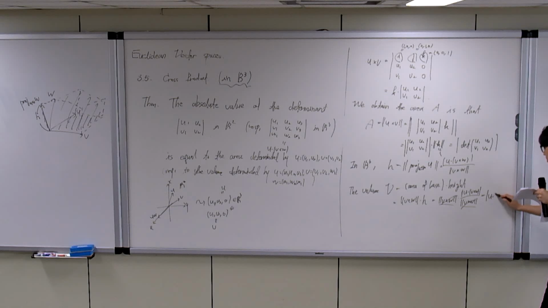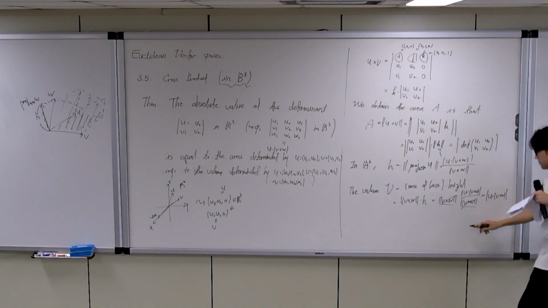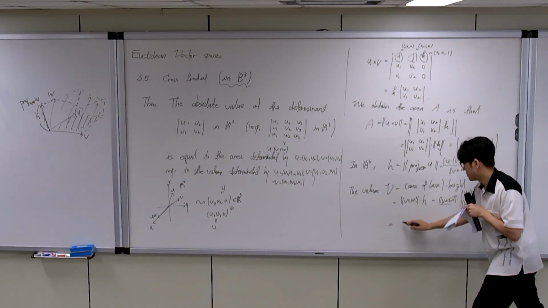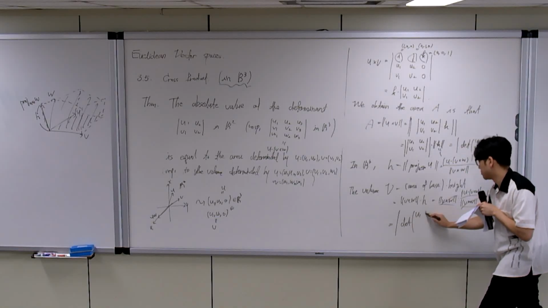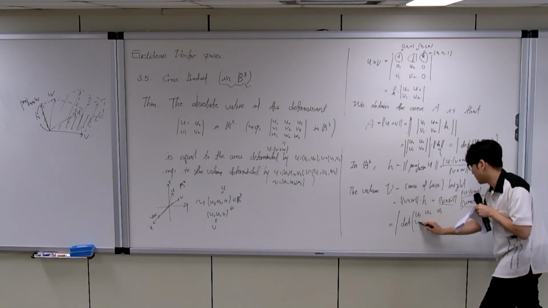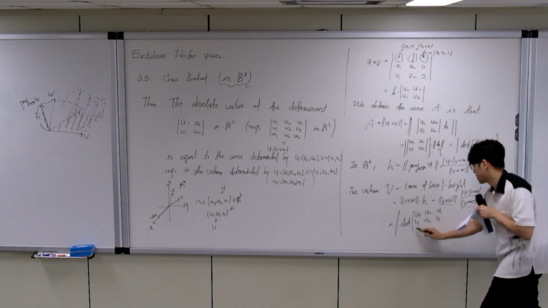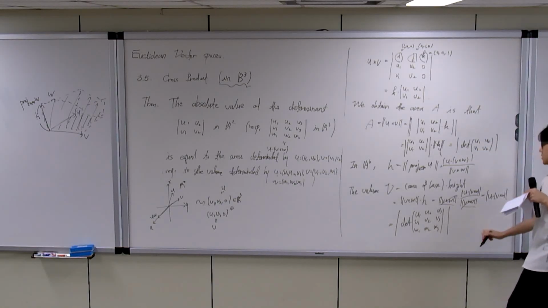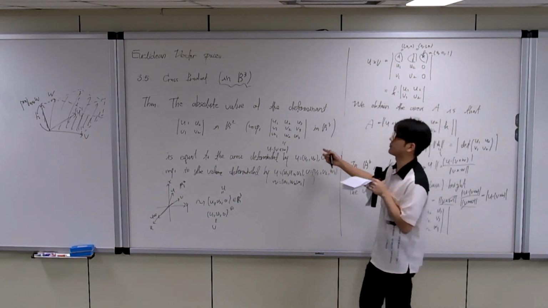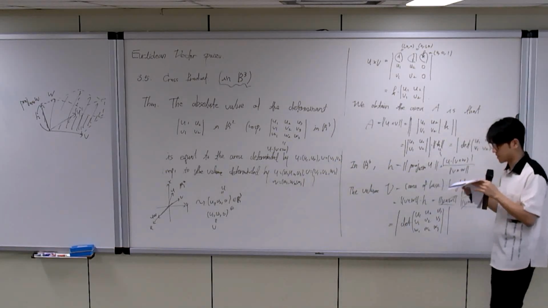So it gives the absolute value of the triple product, and that is the same as the absolute value of the determinant of U1, U2, U3, V1, V2, V3, W1, W2, W3. So that theorem makes sense.